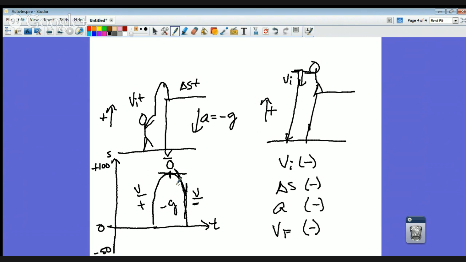So it's negative there. It's 0 here, and then it would be going up here. These are positive slopes, these are negative slopes over here. So you can look at the slope, you can look at how your pen is moving, and try to think about whether the velocity is positive or negative. But the acceleration is always down, it's always towards the negative numbers, it's always g.